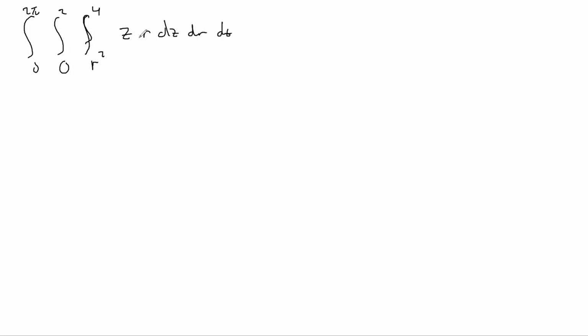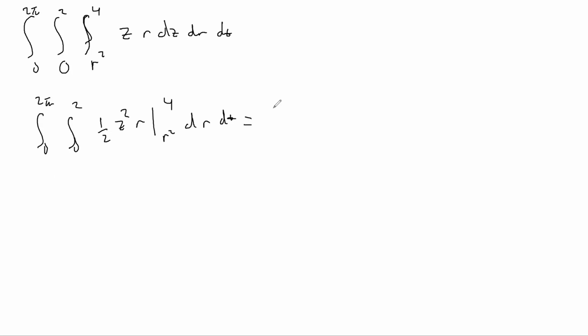Okay, so let's look at the first integral. That's going to look something like 0 to 2 pi, 0 to 2, of 1/2 z squared r, from r squared to 4. Then we have dr d theta.